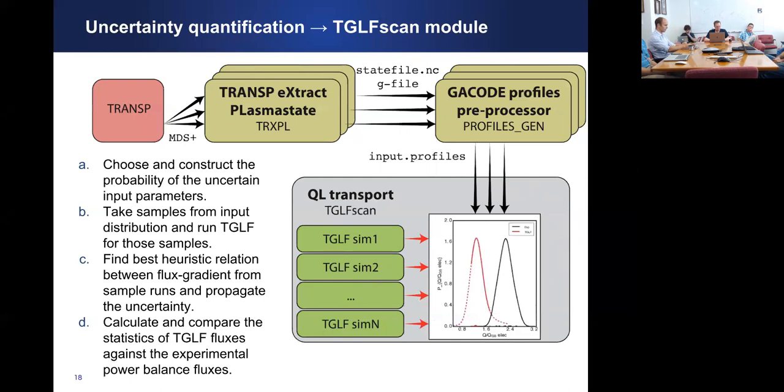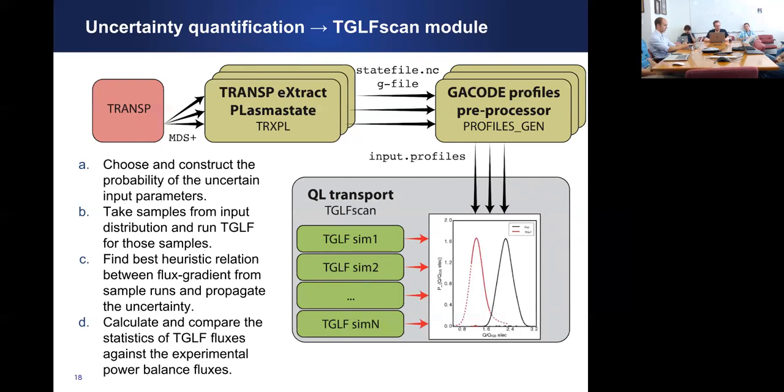So we have this TRANSP module, and instead of extracting one plasma state from one sub-window, we're going to extract multiple sub-window values, and we need to convert those values into something that the GA code can read. That's why we're doing the profile gen, and after that, we're going to have the inputs of the TGLF scan, and we're going to choose some samples from that input probability distribution to propagate that uncertainties throughout the model.